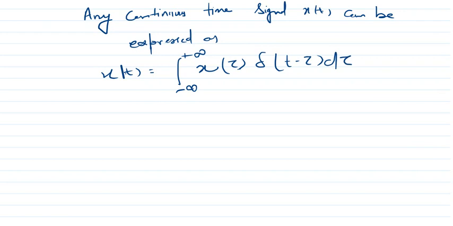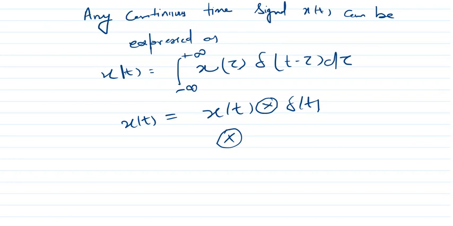So basically this property is telling us that it is convolution. This is called the convolution operator.